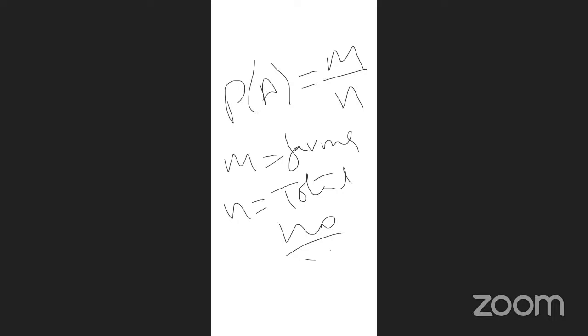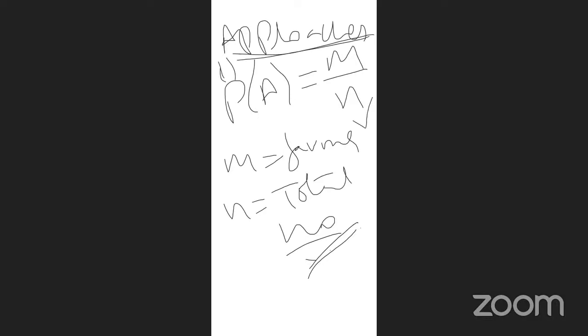The next approach we have is the relative frequency approach. This is the formula under the classical probability approach, under approaches to probability, where the first one is classical probability.